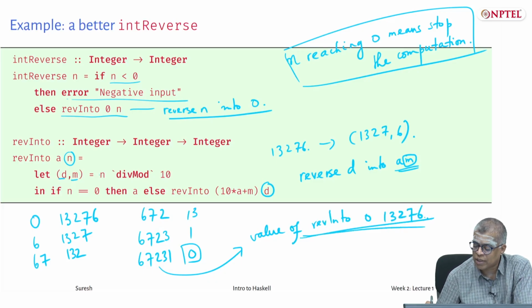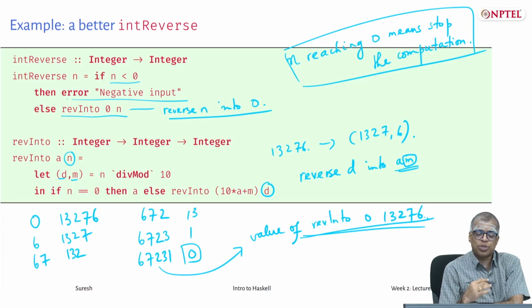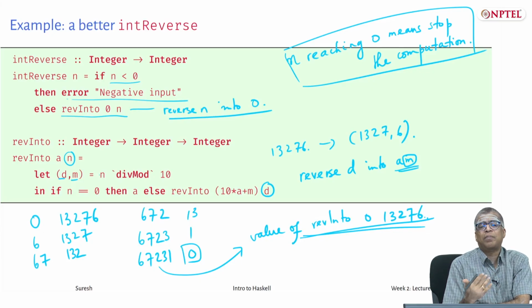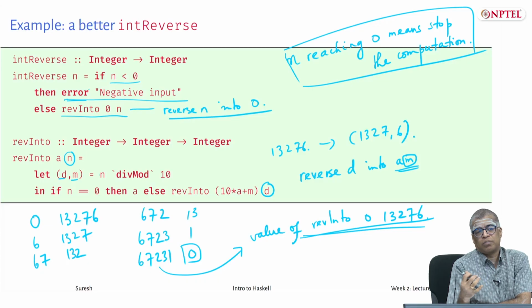Okay, good. So this is a much smarter way of doing integer reverse. I'll stop this lecture now. Just to recall, we have seen various examples of writing recursive functions involving mostly integer and such data types. We have seen how you handle non-termination cases by appropriately invoking the error function, and we have seen that there are smarter ways of computing functions and more naive ways of computing functions.